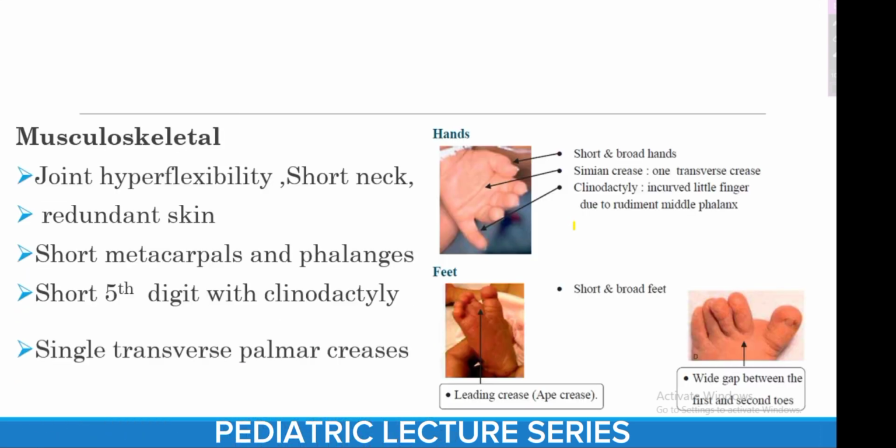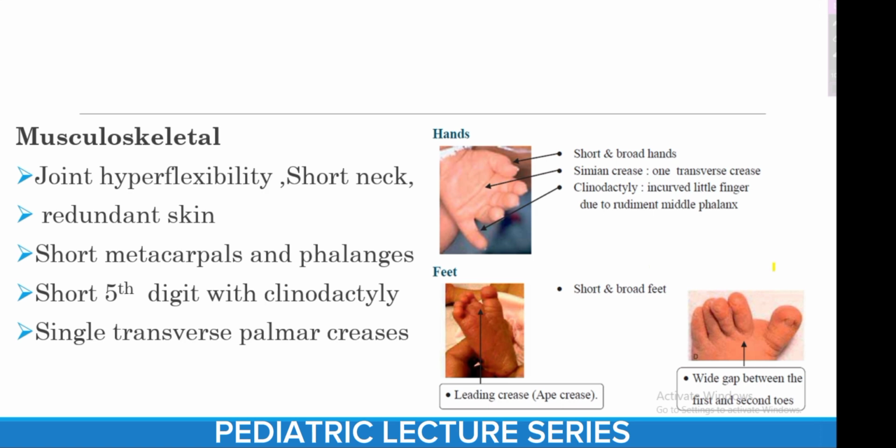Then in the hands, most of these features we have seen before already. We have seen this leading crease. We have seen this small wide gap between the first and second toes. We have also seen this one transverse crease.